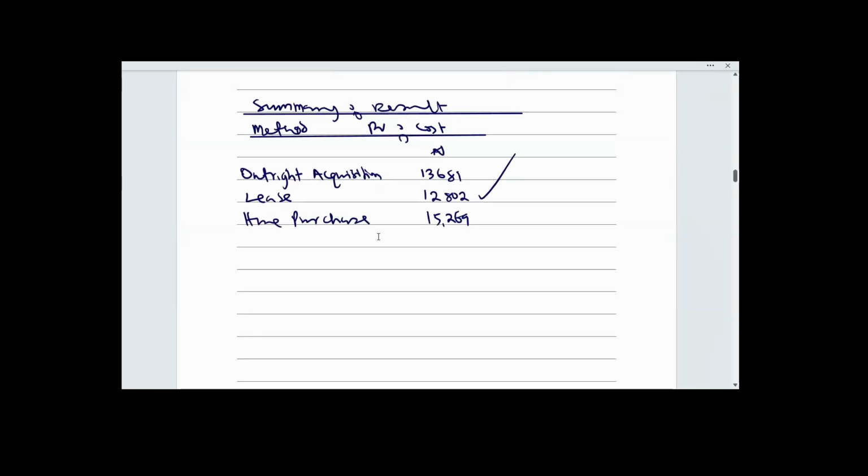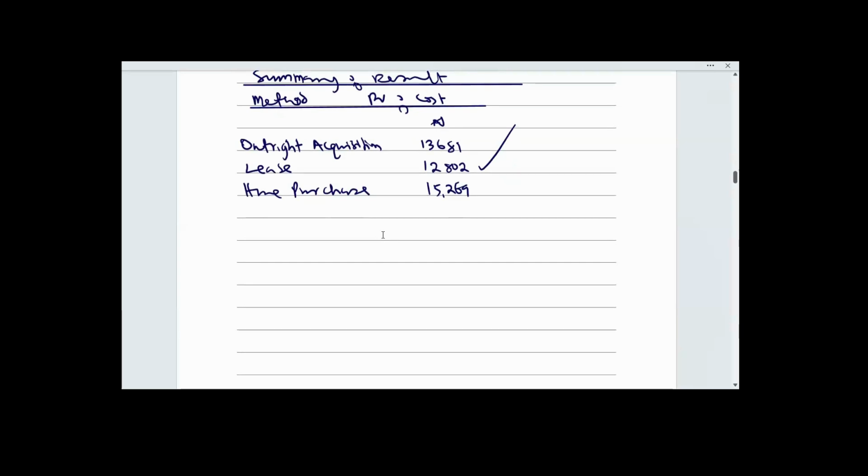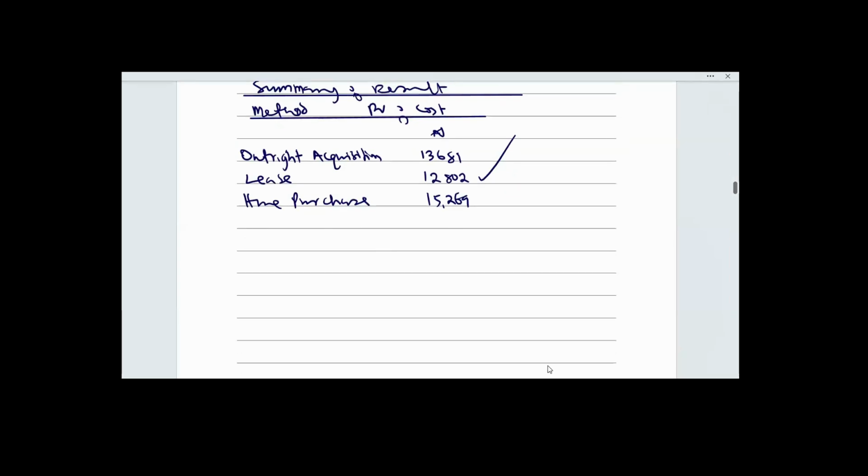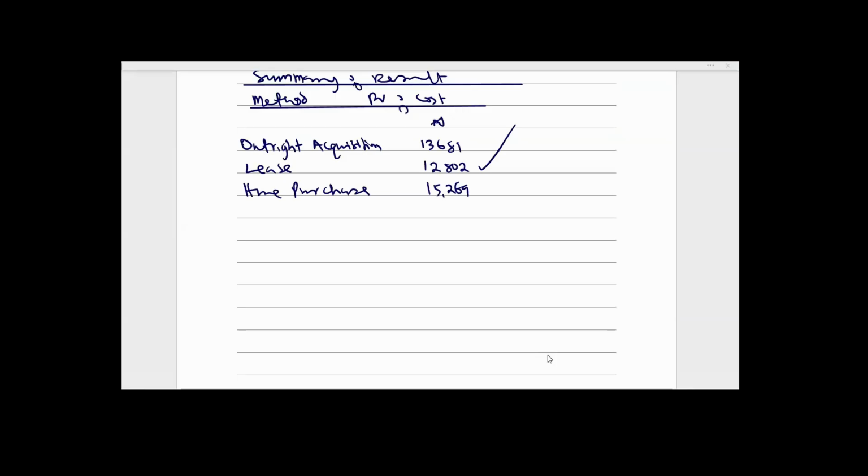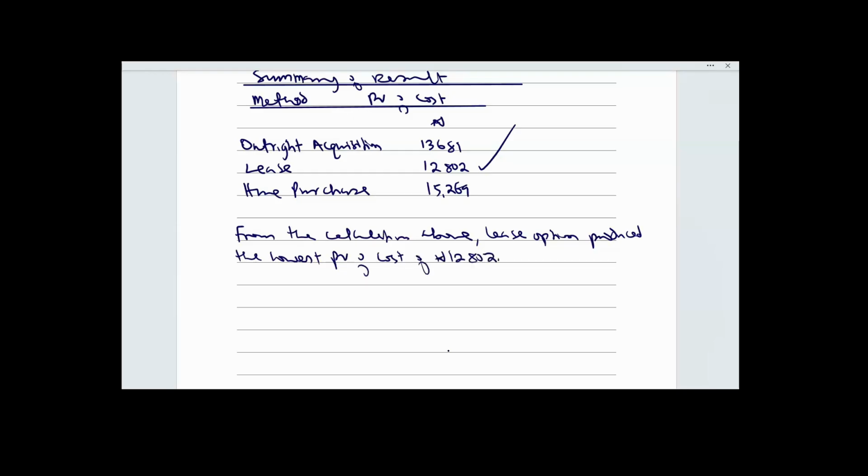Lease is the lowest. Therefore, the examiner is asking you in the question to advise on the most economical method of financing the machine. So, from the calculation above, the lease option produced the lowest PV of cost of 12,802 naira.